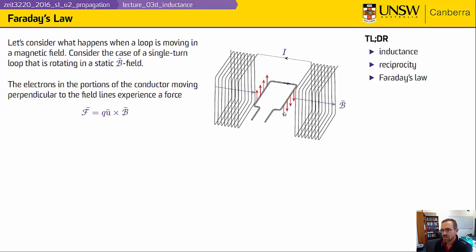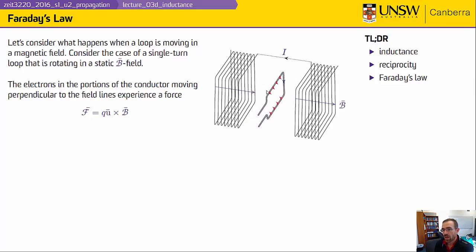Right? As this loop rotates, the velocity of the wire in this loop is going to have a component parallel to the magnetic field and a component perpendicular to the magnetic field. And these red arrows show the magnitude of the component of the velocity that's perpendicular to the magnetic field. And of course, we know that the force experienced by the electrons in that wire is going to be equal to the charge on the electrons times their velocity crossed into the B field.